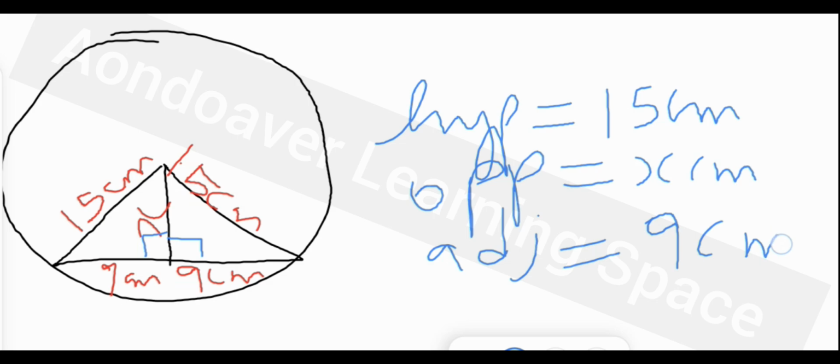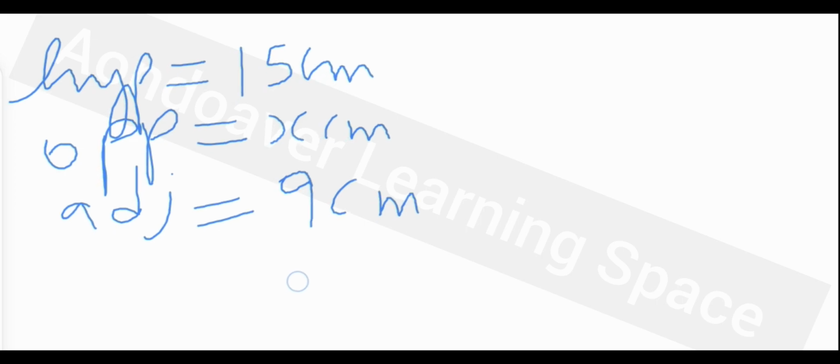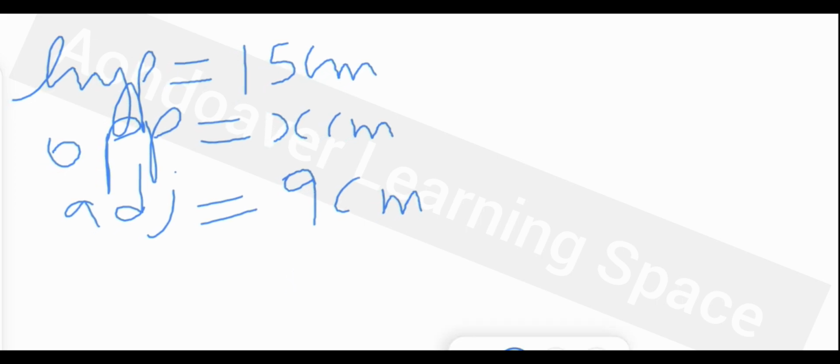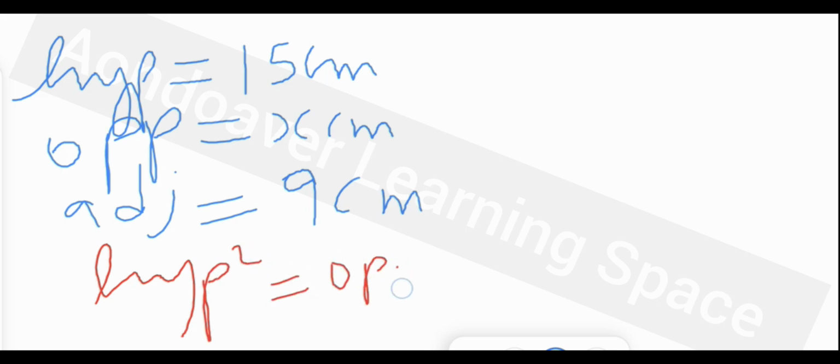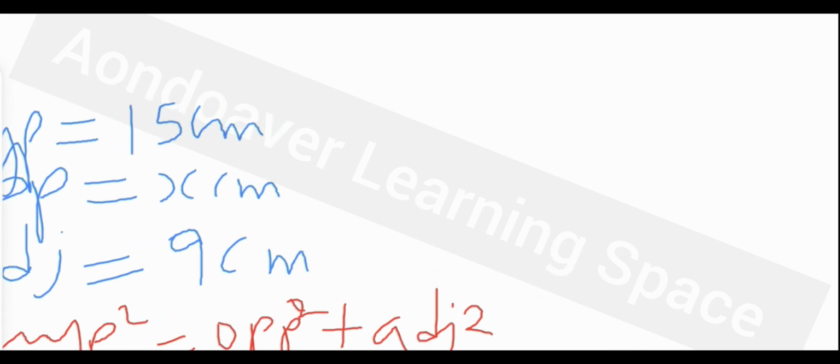So let's impute this into the Pythagoras theorem, which says hypotenuse squared is equal to opposite squared plus adjacent squared. So let's impute those values in this formula to solve for x.